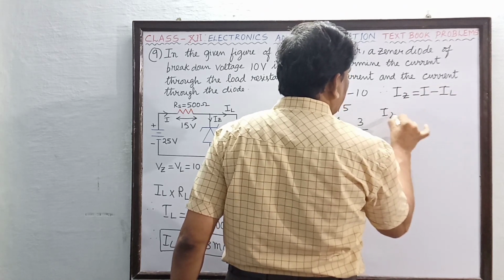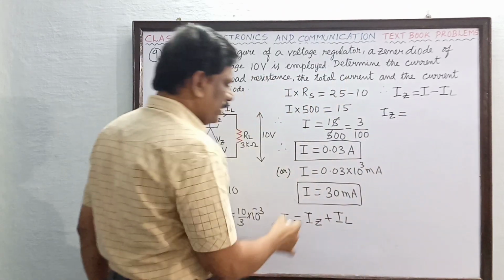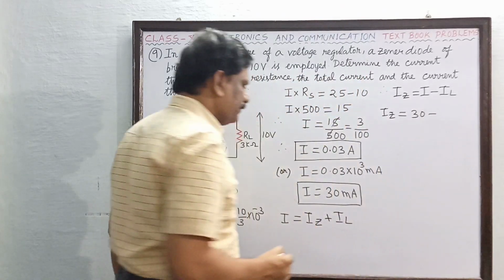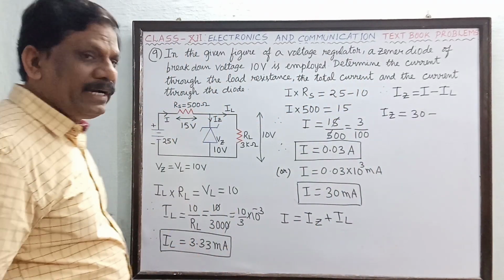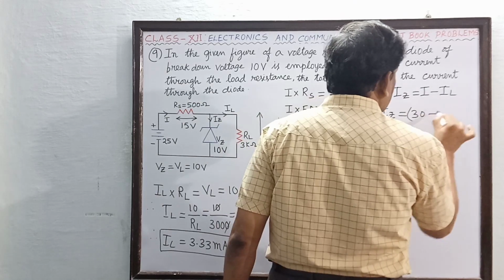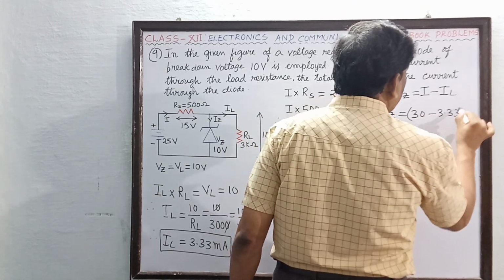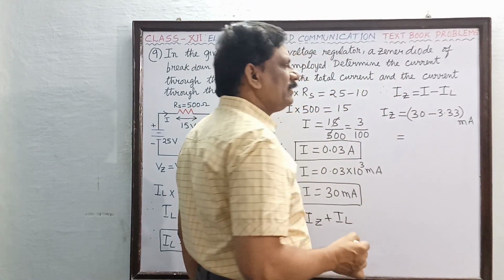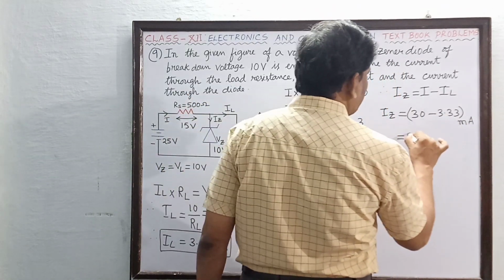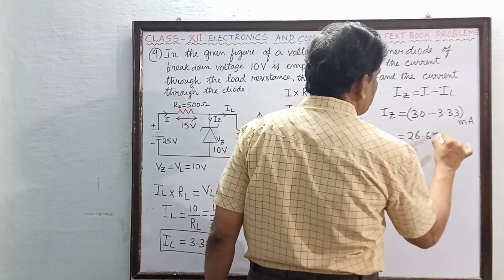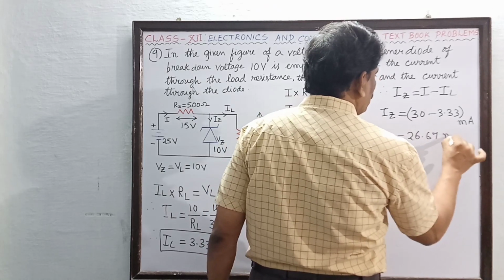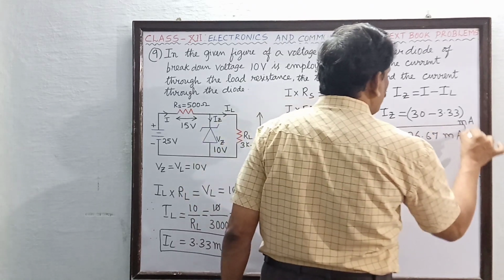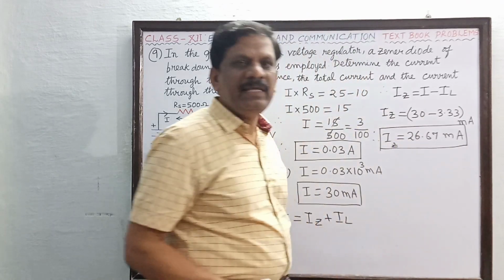So IZ is 30 minus 3.33 milliampere, which is equal to 26.67 milliampere. Therefore, the Zener current IZ is equal to 26.67 milliampere.